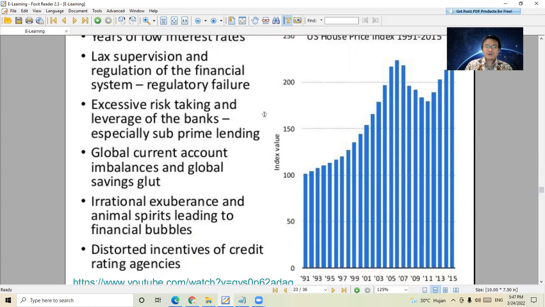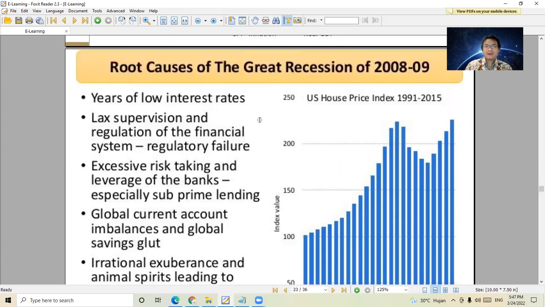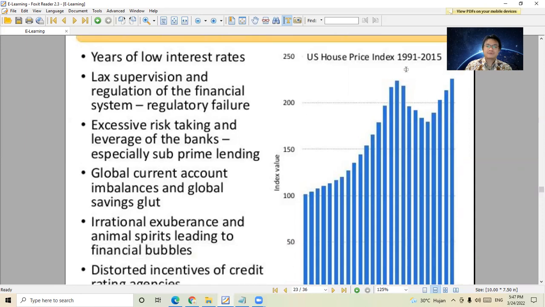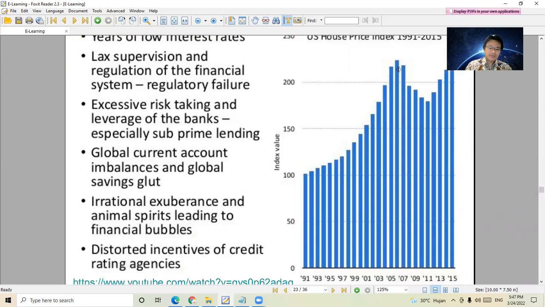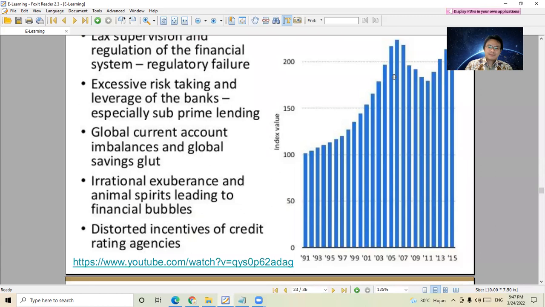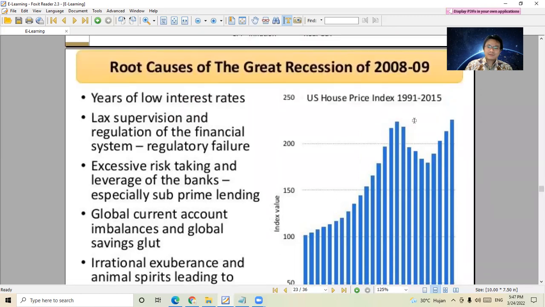To make the story short, many people could not pay their mortgage, and it led to the housing bubble. And this housing bubble caused the Great Recession of 2008 and 2009. It was very bad at that time.